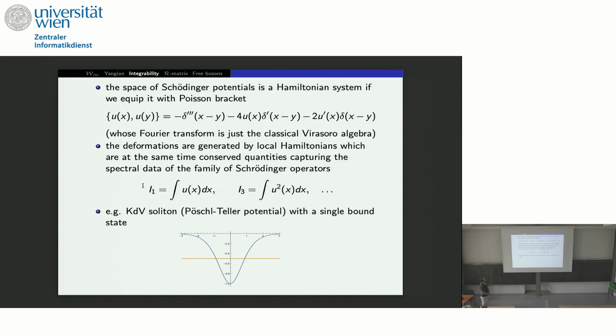So I have this infinite dimensional space of potentials, and I can equip it with a Poisson bracket, which is like this. It might look complicated, but actually it is just a kind of Fourier transform of the Virasoro algebra. Both coordinate and momentum are contained in this single potential U of x, and the bracket is like this.